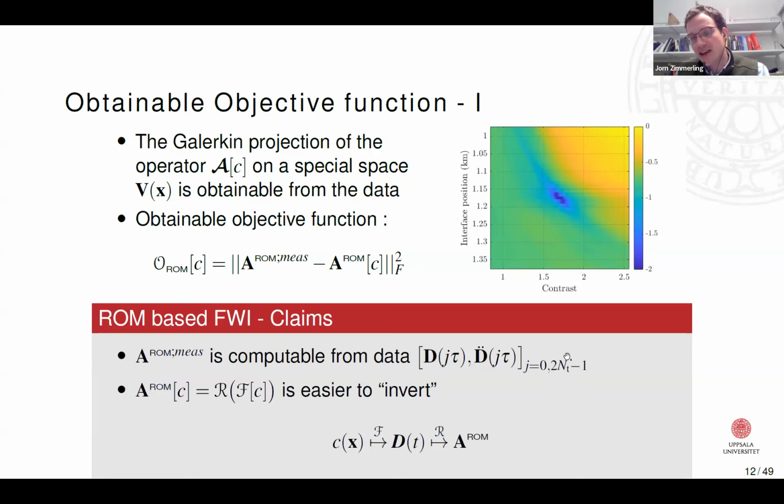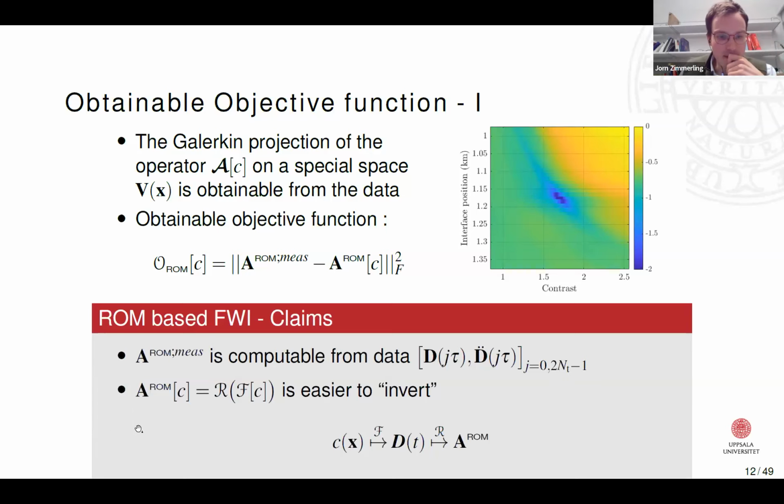The reason I need twice as much data as I have in my space on the last slide is that for the information to travel back to the sources, it takes two trips to a point. So if I want to know what happens with a wave at a travel time n sub t, I need to wait 2n sub t until the information of what happened in that wave comes back to my receivers.